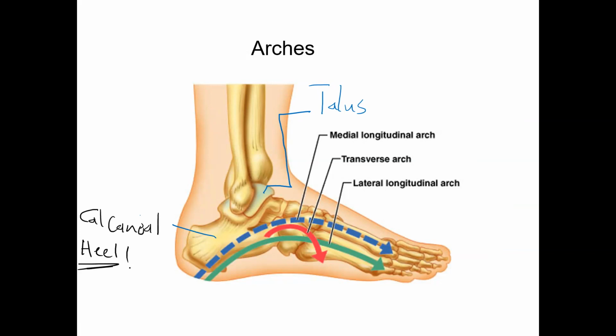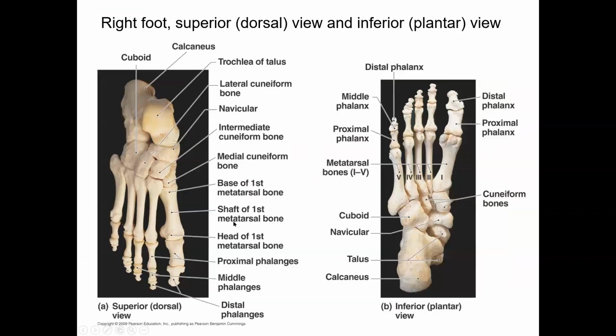You can also see how thick the talus is as well, right? So these are the 2 major bones that make up your ankle joint. Once again, the major ones, I'm not saying any of the others are not involved, it's just that those 2 are extremely involved, right? Now, other bones of the foot are your cuboid. You can see the cuboid here.